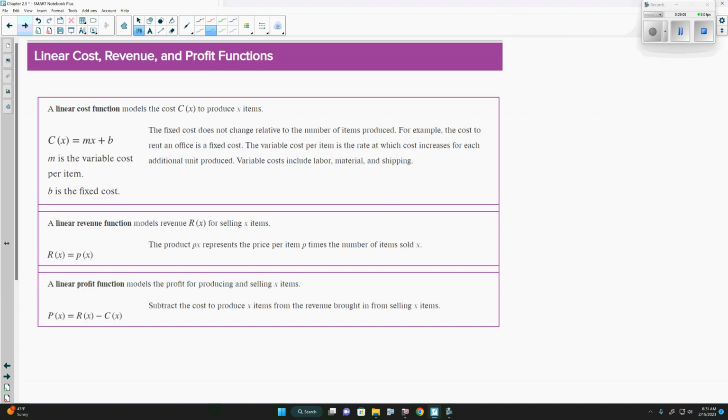Something that wouldn't work with this is miles per gallon in a car. That's not going to be linear. That's not going to be constant, technically speaking. Because if you're driving a car, the faster you go, the more air resistance you're going to meet, which means the car is going to have to produce more energy to overcome that. So it's not a steady rate over time. Same thing's true with pitching a softball.